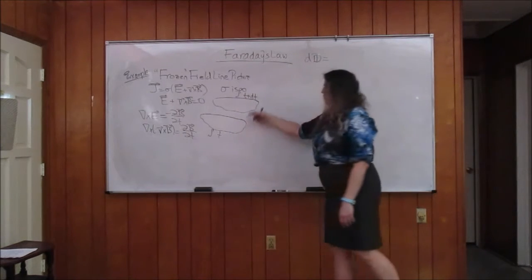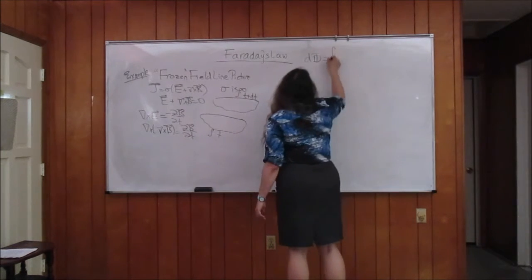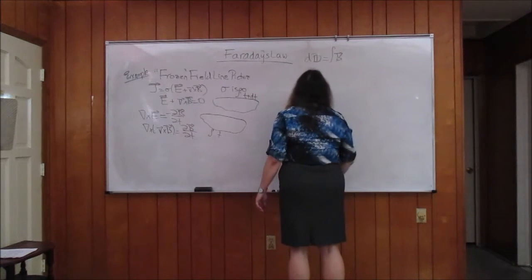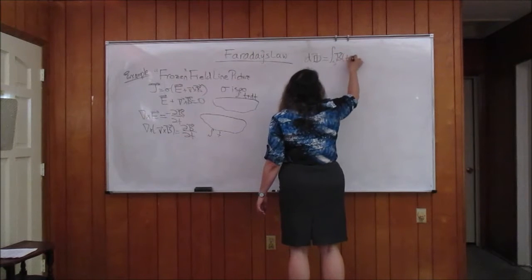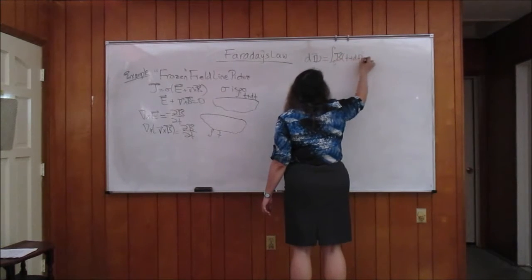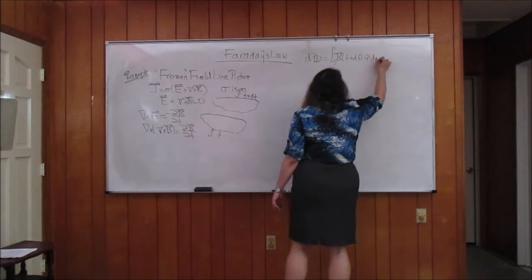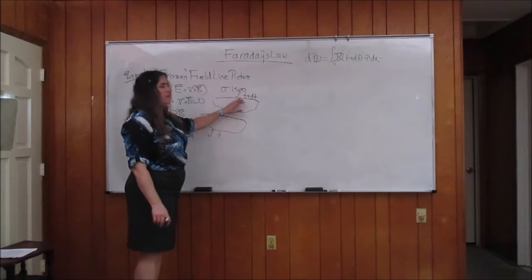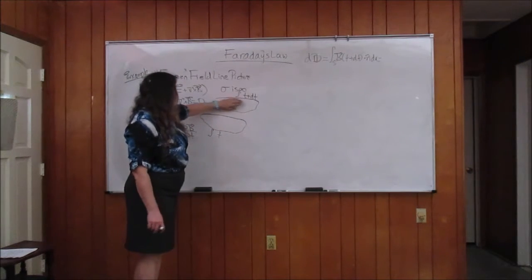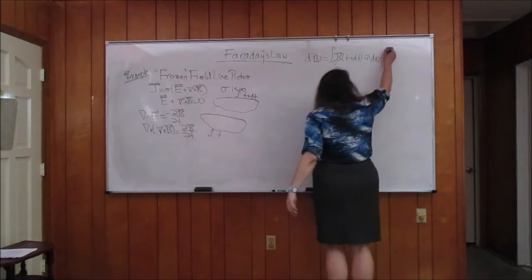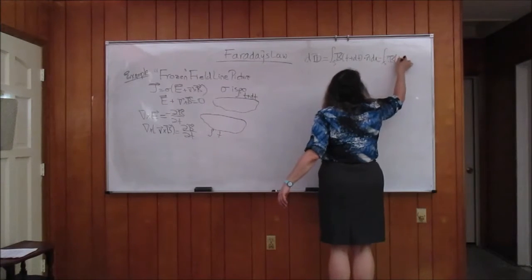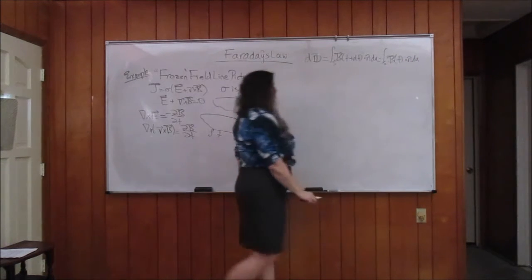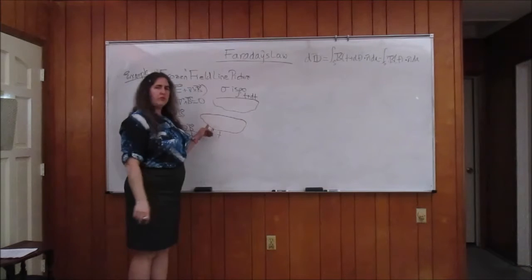The change in flux between here and here is just equal to the difference in the surface integral of the magnetic field at time t plus dt through this surface S prime minus the surface integral of the magnetic field at time t through this surface.